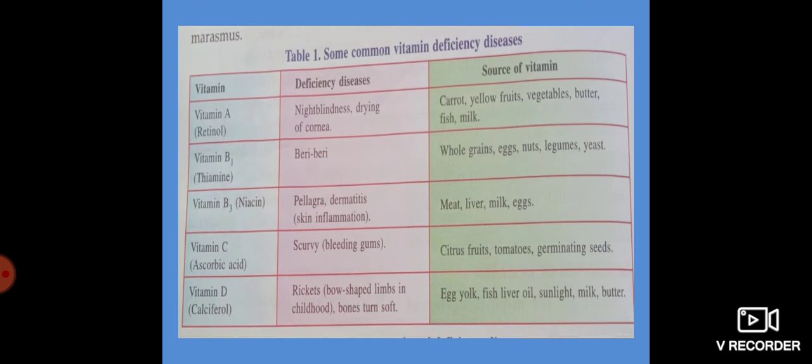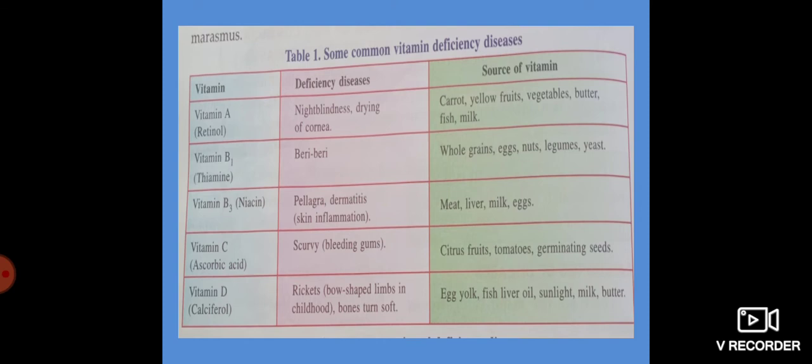And next is vitamin D, also known as calciferol. The deficiency of vitamin D causes rickets. Rickets means bow-shaped limbs in childhood. Mainly it affects children.